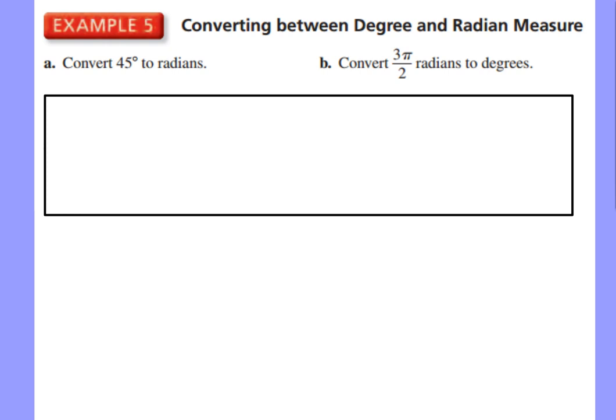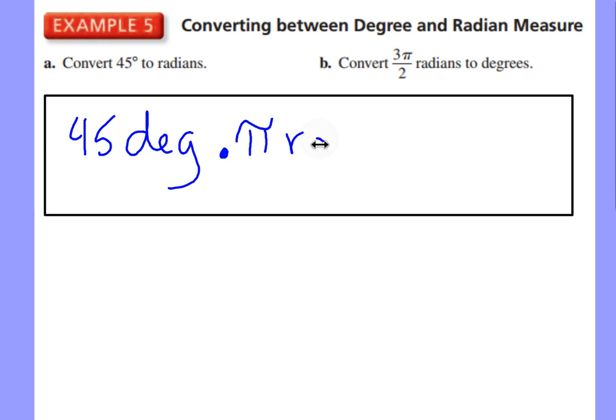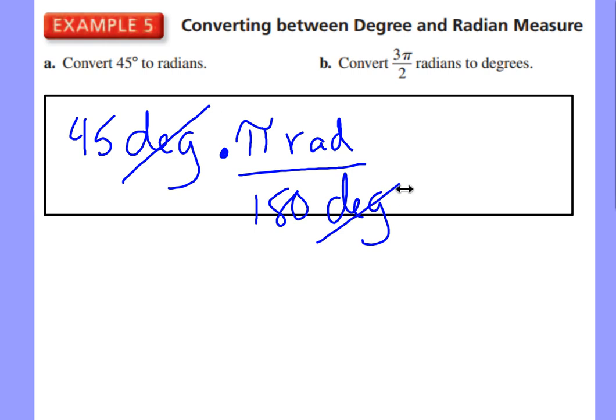If I convert 45 degrees to radians, I'm going to write it as 45 DEG for degrees, and you'll see why, because some things will cancel. I'm going to multiply that by pi radians over 180 degrees. Now do we see what happens here? The degree labels cancel out, and I'm only left with what I want, radian measure.